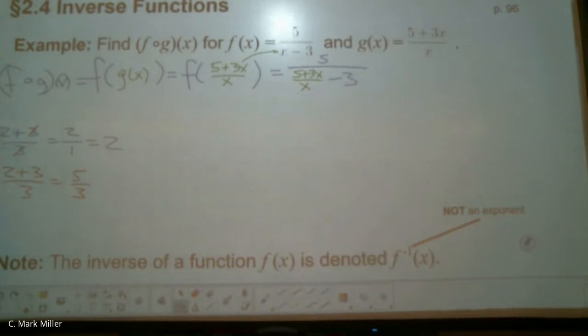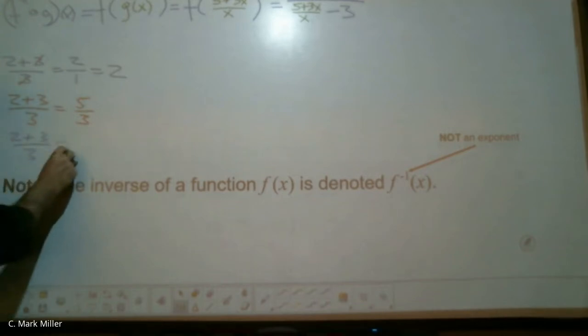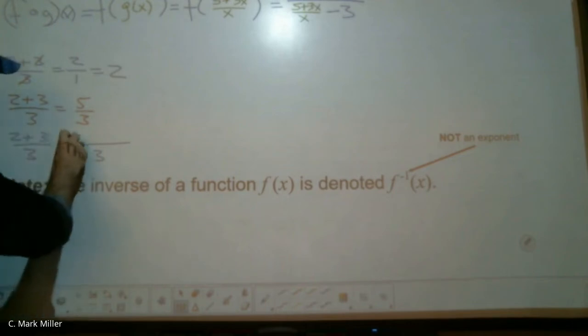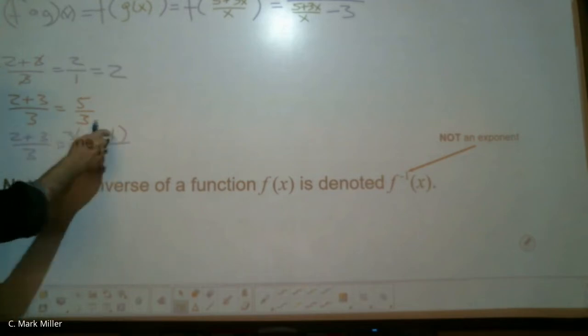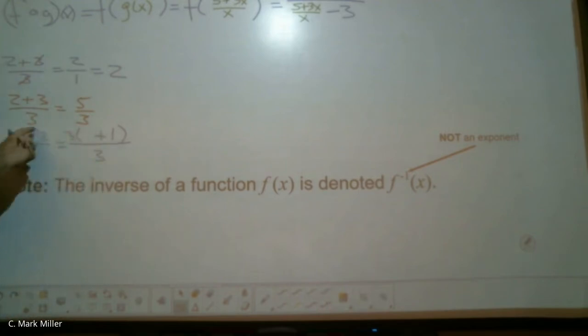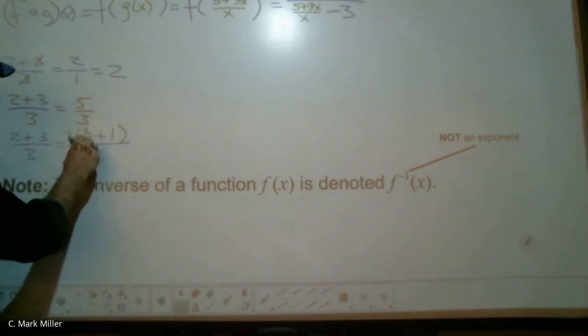Now, if you wanted to be technical, one thing you could do, 2 plus 3 over 3, I could factor a 3 off the top. 3 times what gives you 2 plus 3? Well, 3 times 1 gives you 3. And 3 times what gives you 2? That's 2/3.